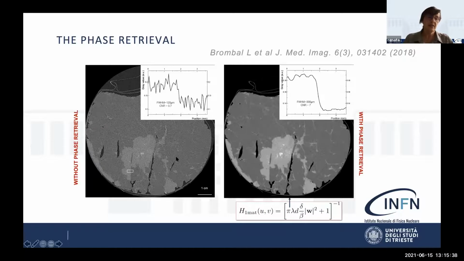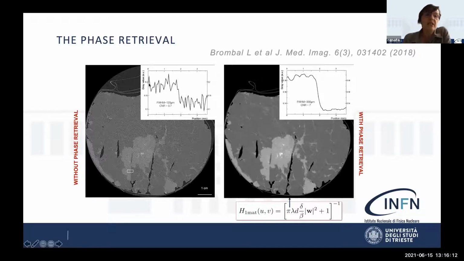Here you see a breast sample, and you can see the cut. These cuts were done by pathologists in order to let the formalin enter into the tissue and fix it. So this is the edge between fat and glandular tissue, and we assume that this is a sharp edge due to the clinical cut done by the pathologist.